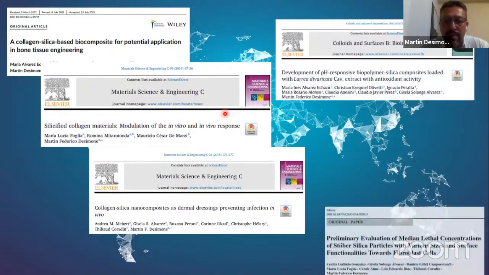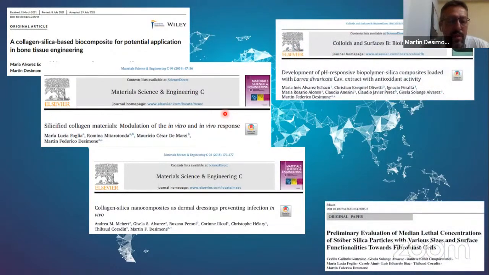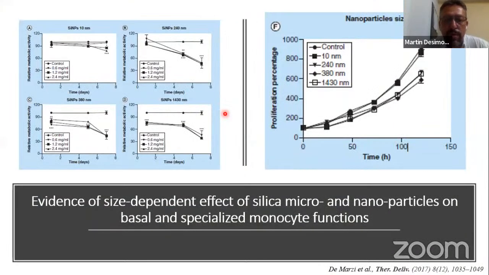But in recent years, we also evaluated what happens with these nanoparticles if they enter in contact with cells, because if we use them in biomaterials, they can enter in contact with different tissues. So we evaluated the effect of nanoparticles of different sizes on monocytes.